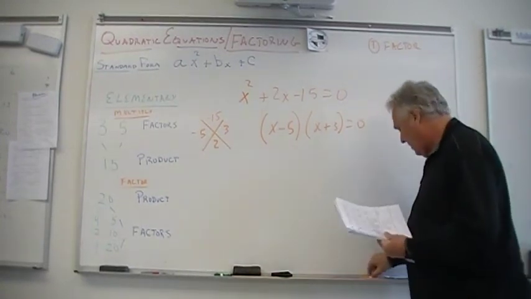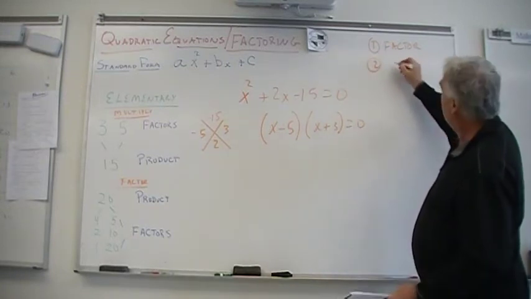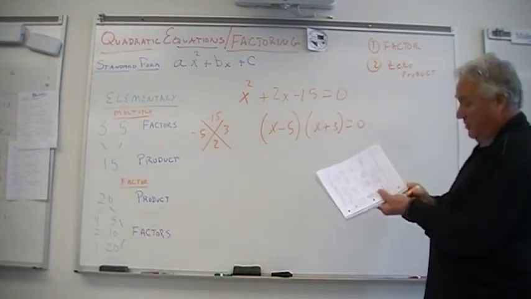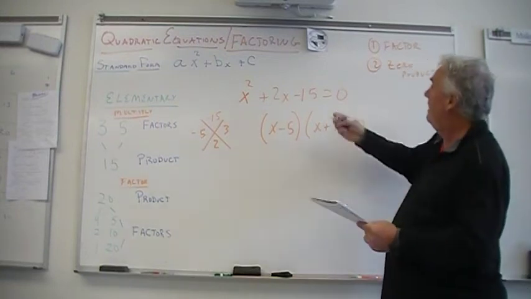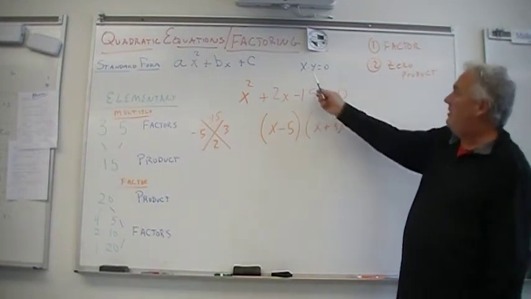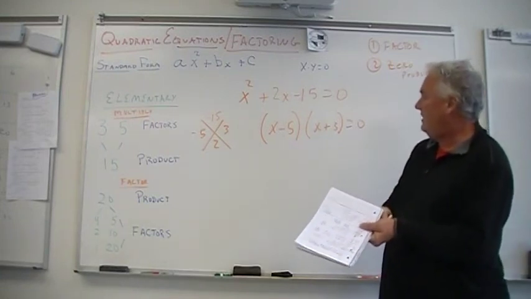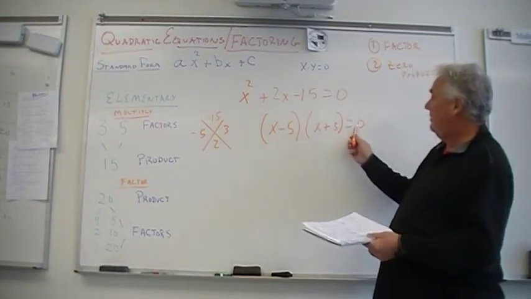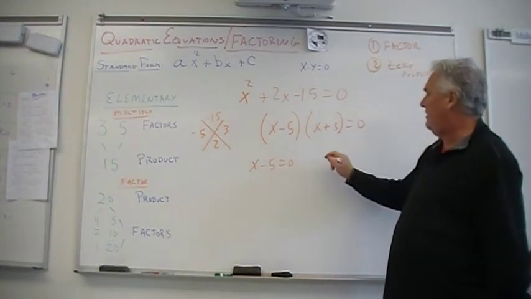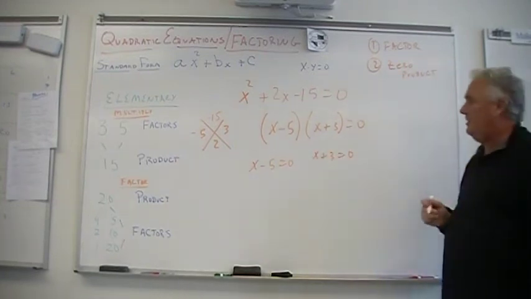Next I'm going to do what's called zero product. Zero product means this. You did this in Algebra 1 too. If x times y equals 0, either x is 0 or y is 0. One of the two of them is 0. So that means we take these, we set them equal to 0 to get our answer. So x minus 5 equals 0, x plus 3 equals 0. That's setting up the zero product.